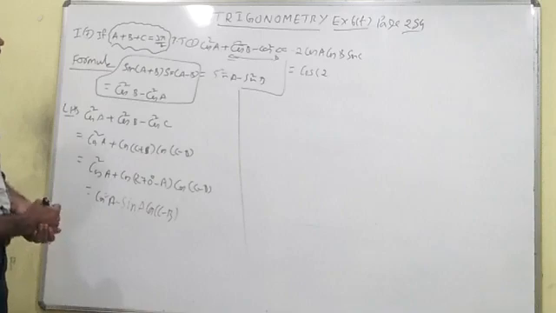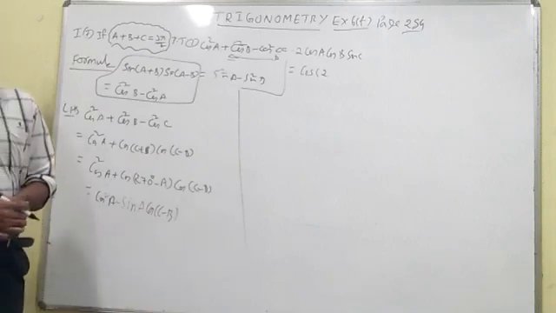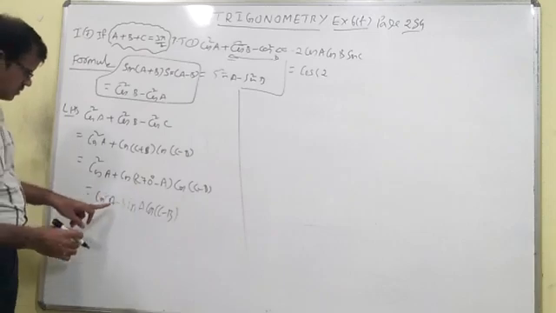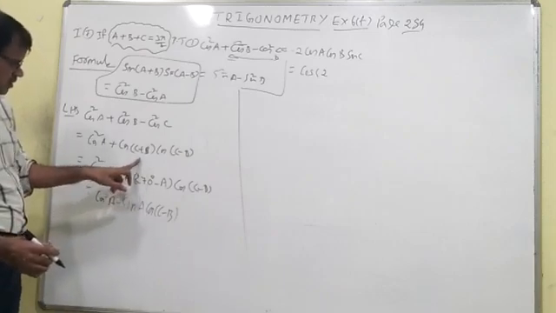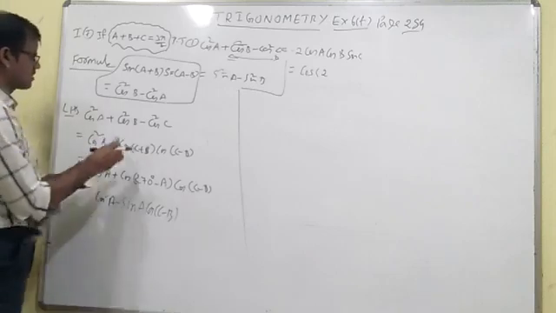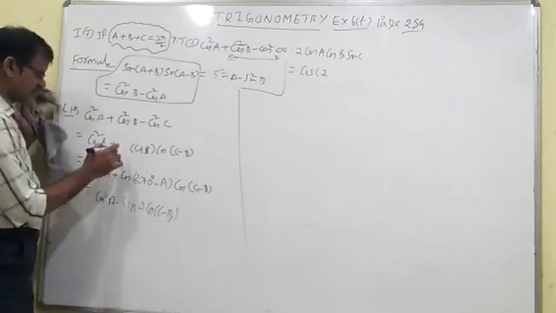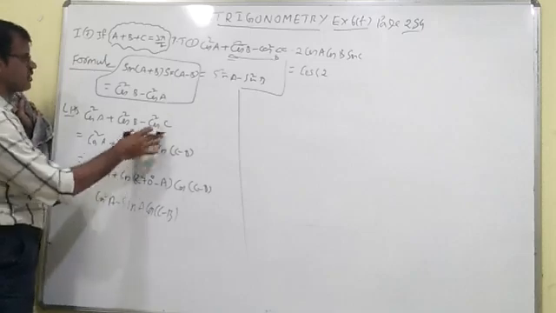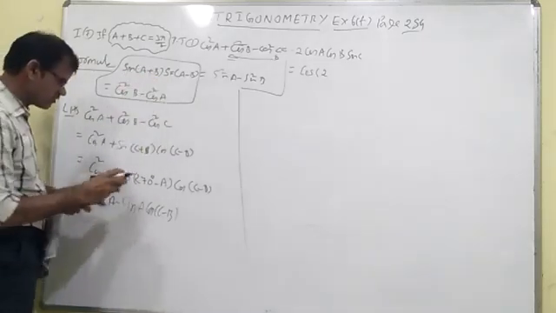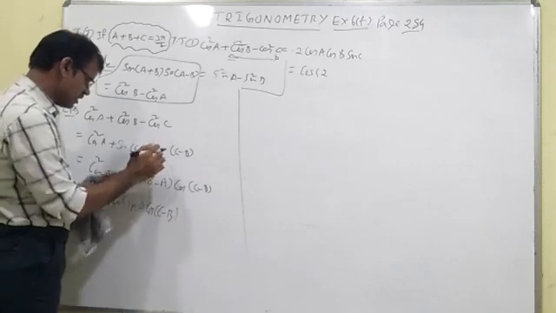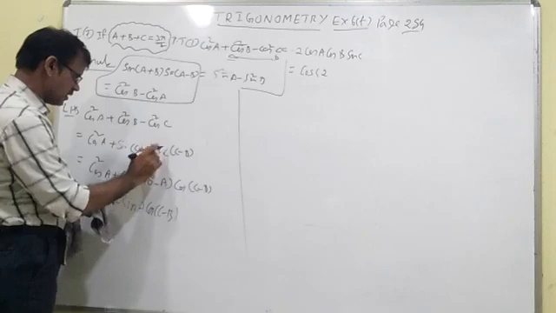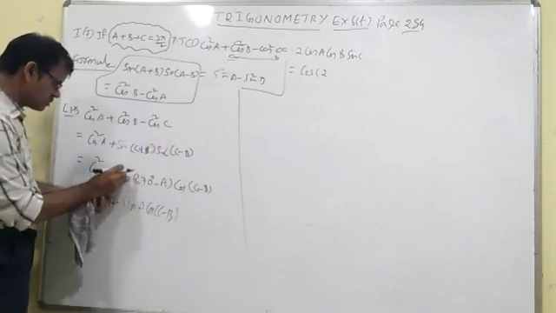So what is happening? See the question properly. Oh, not cos, not cos of c plus b, it is sin. You should not write cos. Sin of c plus b into sin of c minus b. That is where I am getting confused here.